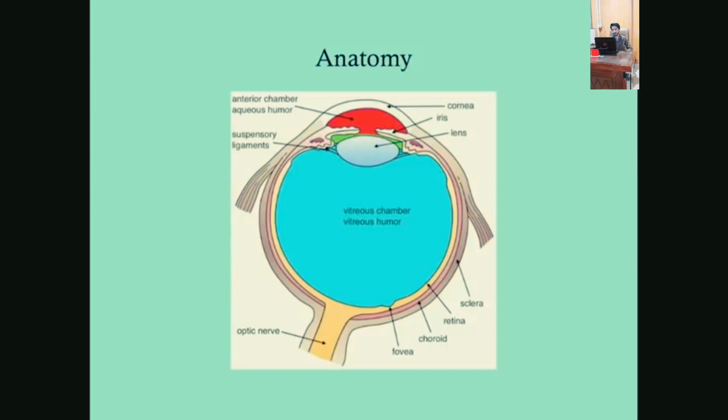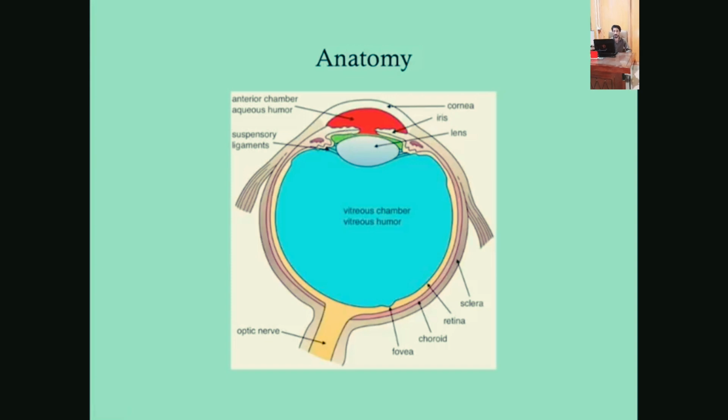If you were to look at the top of the globe, sliced down the middle, this is what you would see. So it's a little easier to see the chambers here: your anterior chamber, your posterior chamber, and your vitreous chamber. The anterior chamber is bordered by the cornea anteriorly, and the anterior part of the iris posteriorly.